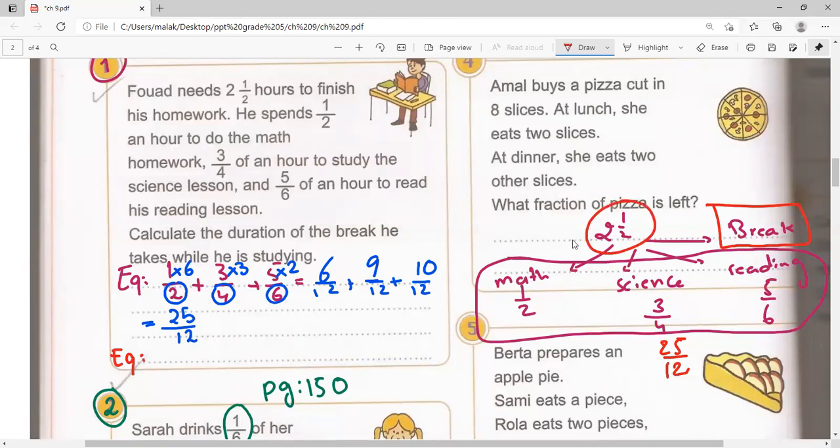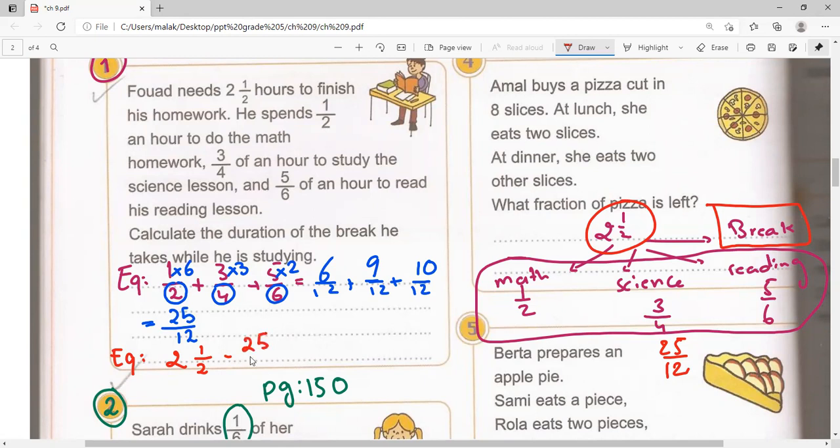How many hours does he spend in all to finish everything? 2 and a half, 2 hours and half an hour. So 2 and a half minus which fraction? 25 over 12.